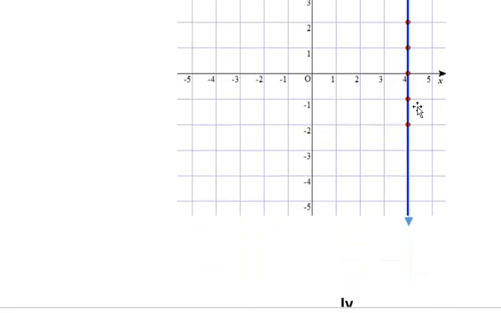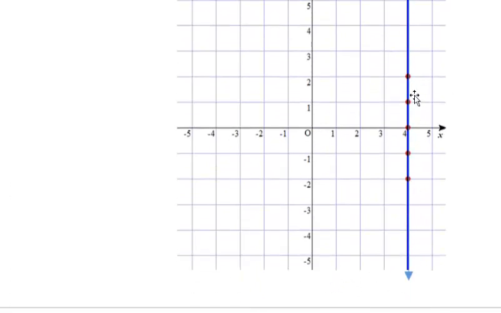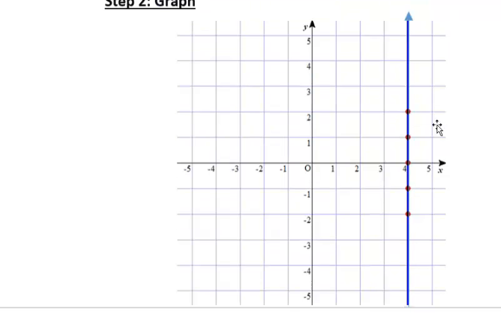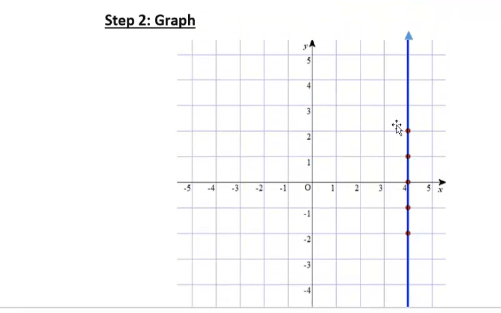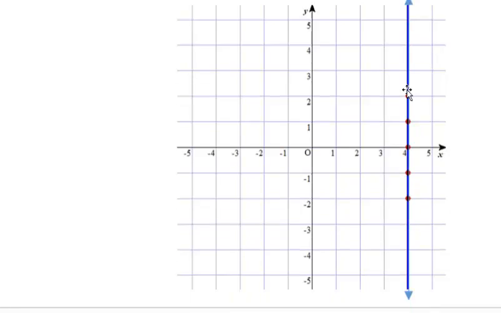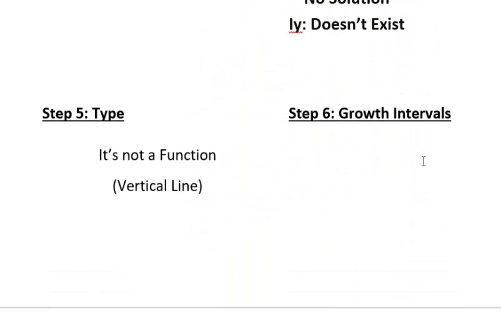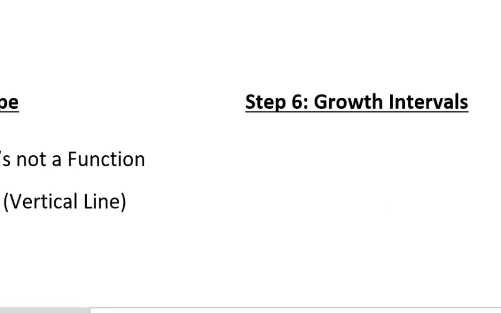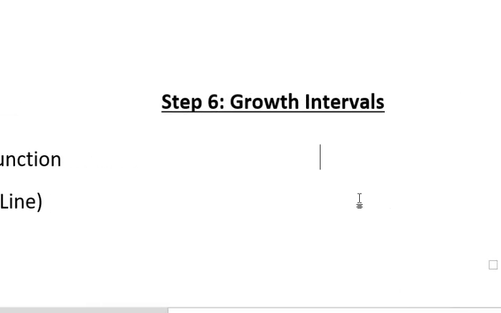Also, we cannot say it's constant, because obviously there are points everywhere, so there's no way to analyze this thing. So we cannot analyze the growth intervals. It's impossible to check it.